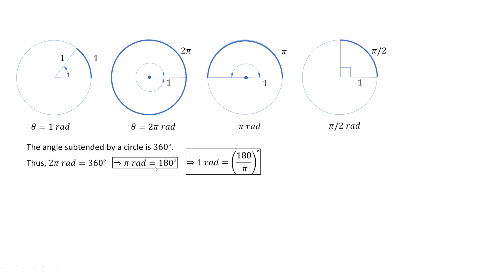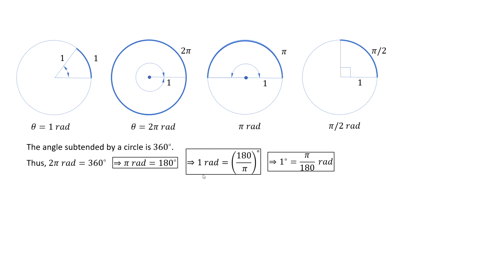Maybe it's advantageous to look at it this way also. 2 pi radian is 360 degrees, divide both sides by 2, so pi radian is 180 degrees. And so 1 radian is equal to 180 over pi. And this, I boxed it because you've got to memorize this. 1 radian is 180 over pi degrees. Cool?